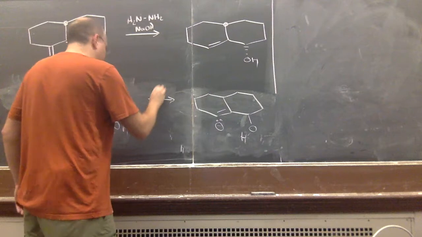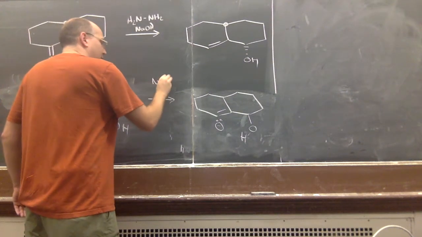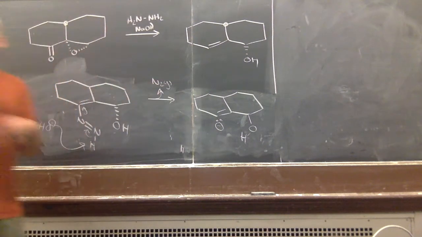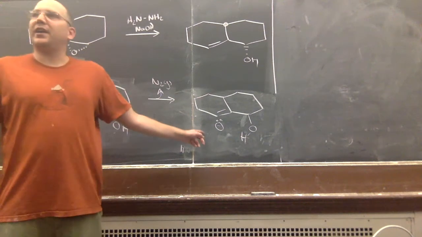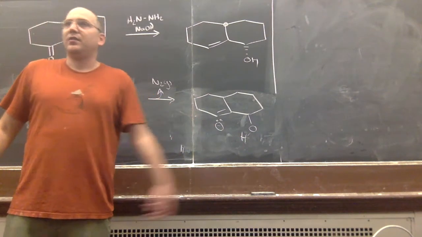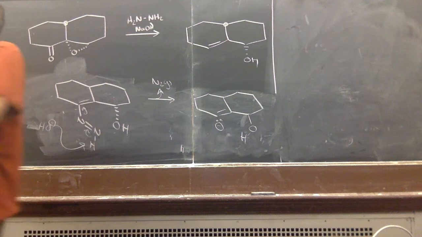We're going to extrude nitrogen gas. Again, this sort of drives the process through Le Chatelier's principle, and then once you've got that carbanion, you're simply going to deprotonate. And you're going to have the alkoxide, and then you're basically there. Right? Does that make sense? Yeah.